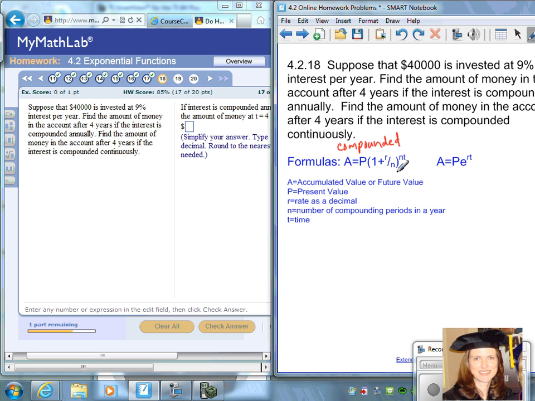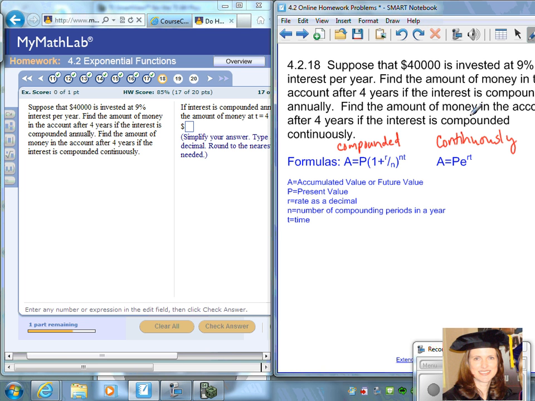You're going to use the first formula: A equals P times the quantity 1 plus r over n raised to the nt power. Now, if it's compounded continuously, we are going to use A equals Pe to the rt power. You may have seen that in a finance class. These are two formulas that are used for compounding interest.